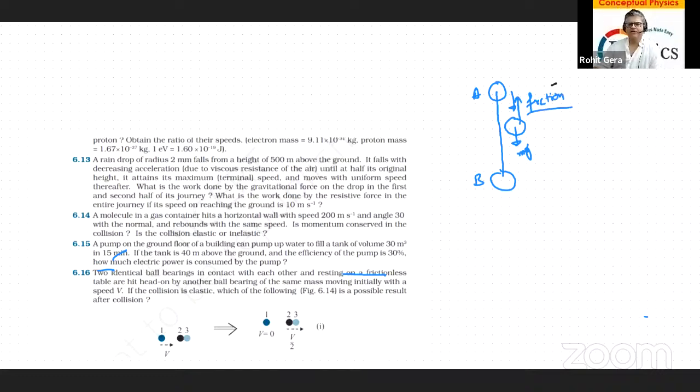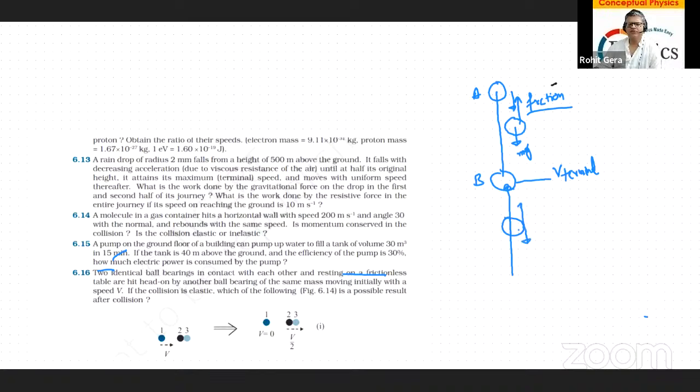And then in the second half of the journey, it attains the highest velocity, so v terminal. And after that there is absolutely no loss of velocity, which means it is balanced now, which means the viscous force at any point after this, which is upward, and the weight cancel each other.